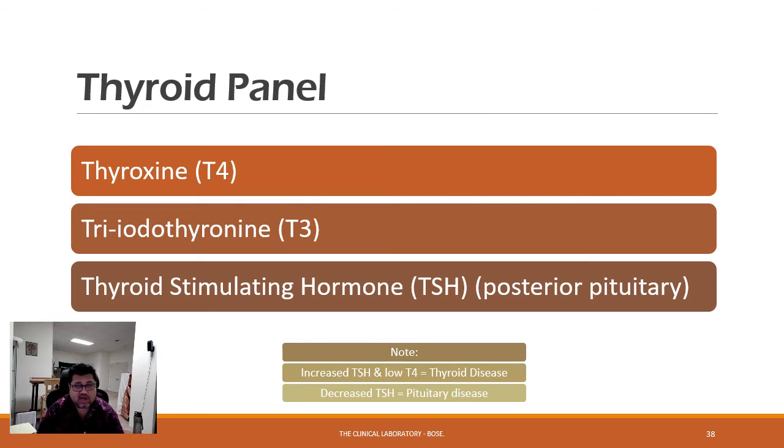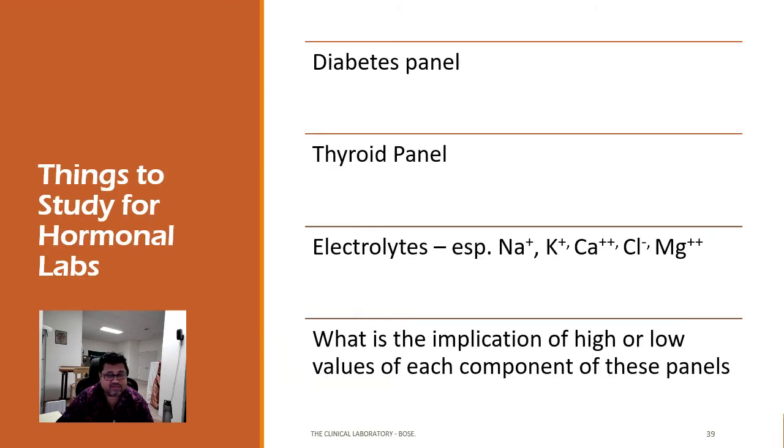Here is the thyroid panel, which tests for thyroxine, triiodothyronine, and the thyroid stimulating hormone, which is a hormone of the posterior pituitary. So why do we need to do that? What are the implications? For that you have to read this.